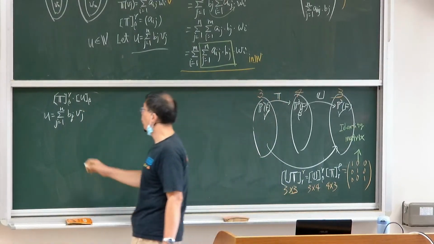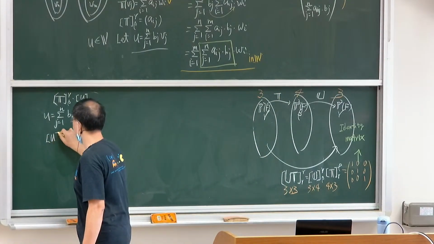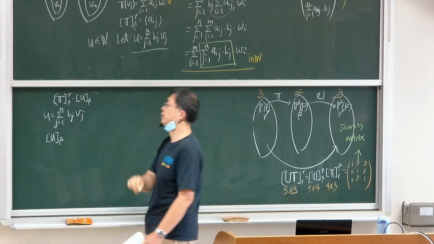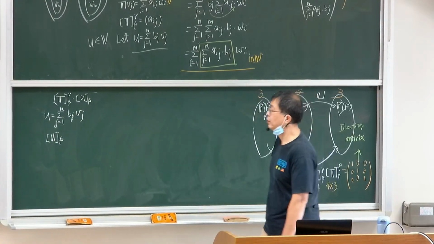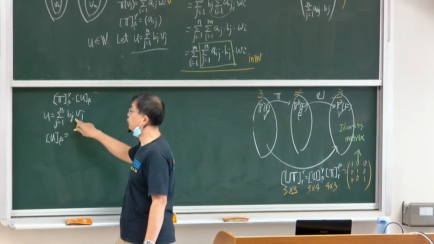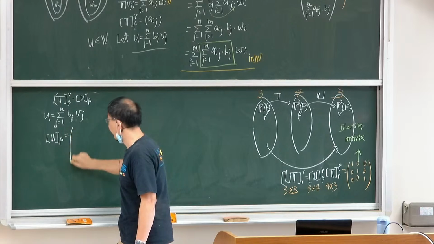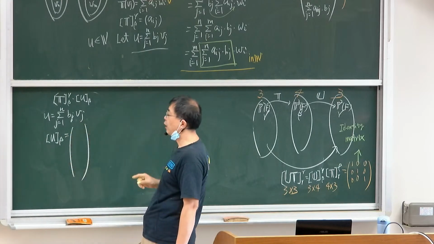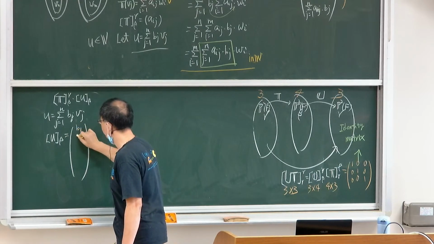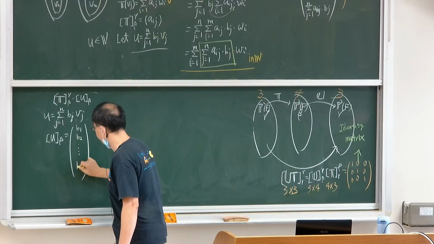So what will this vector look like? We just take the coefficient of each vector as the column vector element. So I have B1, B2 to Bn.